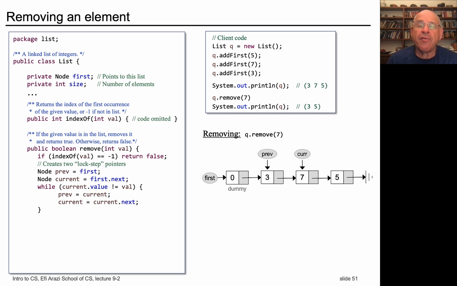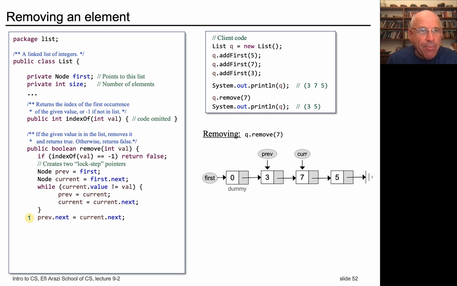And this will effectively create this impact. And once again, I go back to the while and I check if current.value equals val. And indeed, it does equal val because I'm trying to remove 7. In that case, I get out of the while and I get to this statement here, which says prev.next equals current.next.